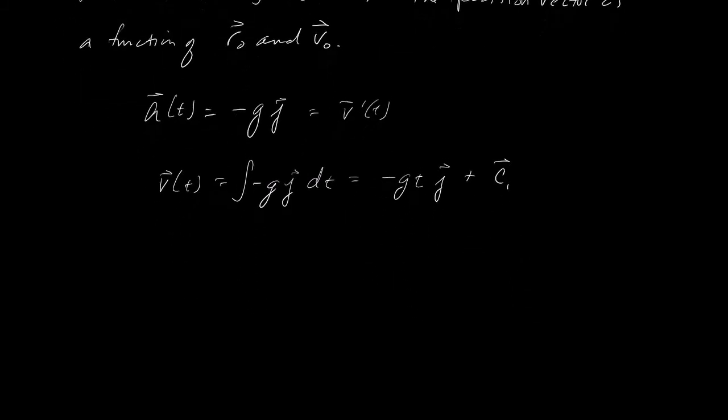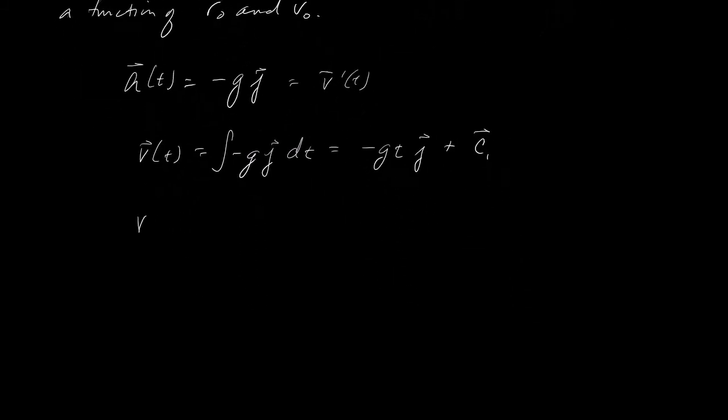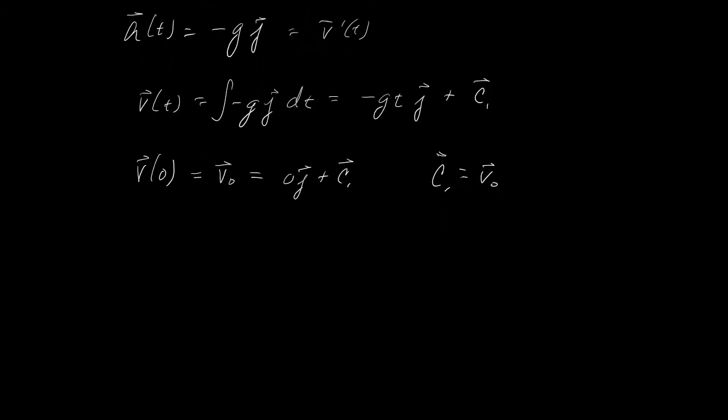All right, so what we know is that the initial velocity is equal to v0, which is equal to, plug in a 0 for t, 0 in the j direction plus c1. So c1 is equal to v0. Right? Okay, so then v of t is equal to negative gt in the j direction plus v0.